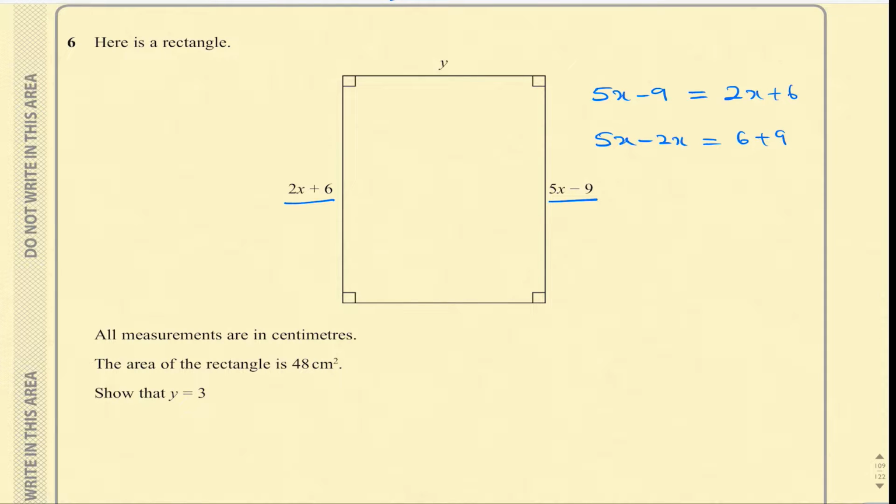So I basically take away 2x from both sides and add 9 to both sides. And therefore I get 3x equals 15. Therefore x equals 15 over 3, which is 5.